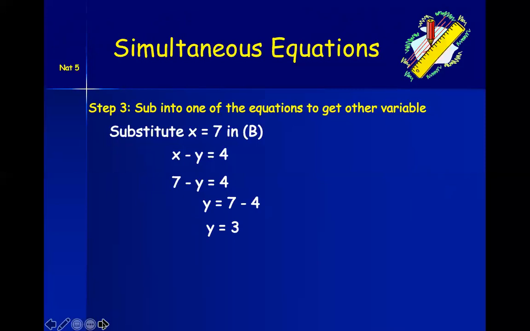Yeah, 7 minus 3 equal 4. I don't know if I've done that right. You could have tried the balancing method by saying I'm going to take away 7 on each side. Then that means negative y equals negative 3.